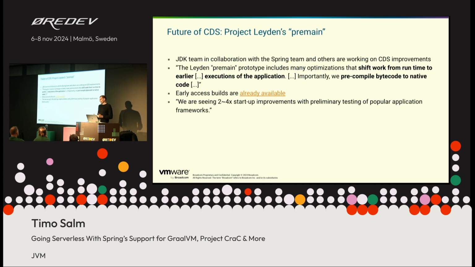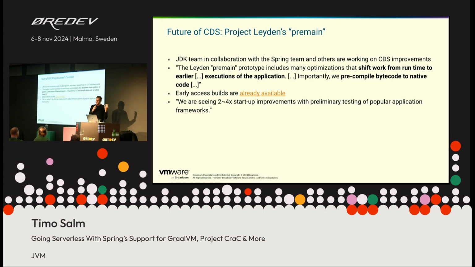I said there's more, and there is Project Leyden, which has also been around for a few years. Project Leyden's goal is to improve the startup and runtime performance of Java applications. What it will use for that, and it's already available as early access builds, so you can give it a try, is CDS, class data sharing, as a new so-called ahead-of-time cache.